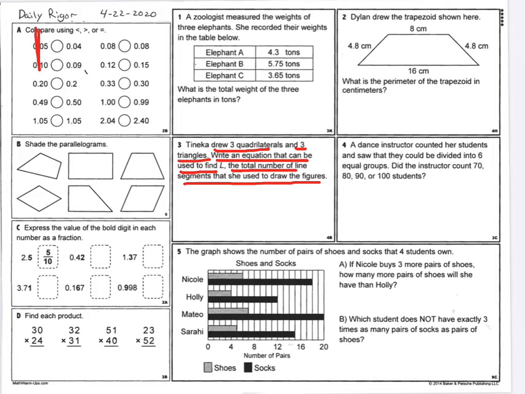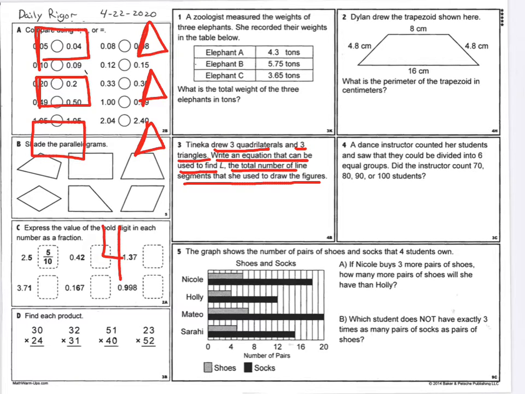So I'm going to come up here and draw 3 quadrilaterals, which are 4-sided shapes, and 3 triangles. All right, so let's think about it. 3 quadrilaterals, sorry.